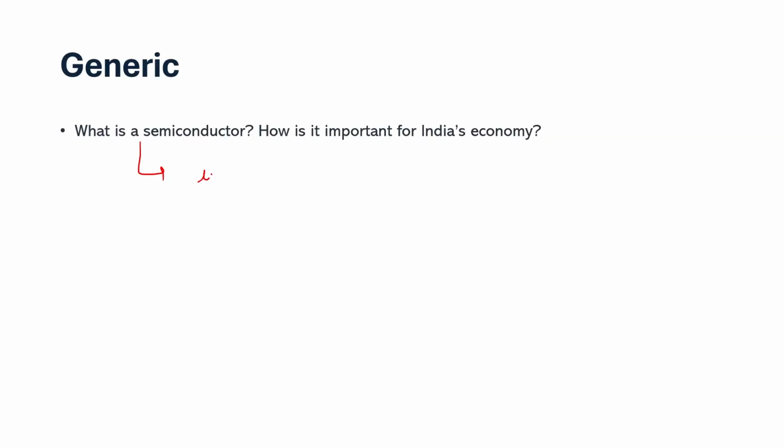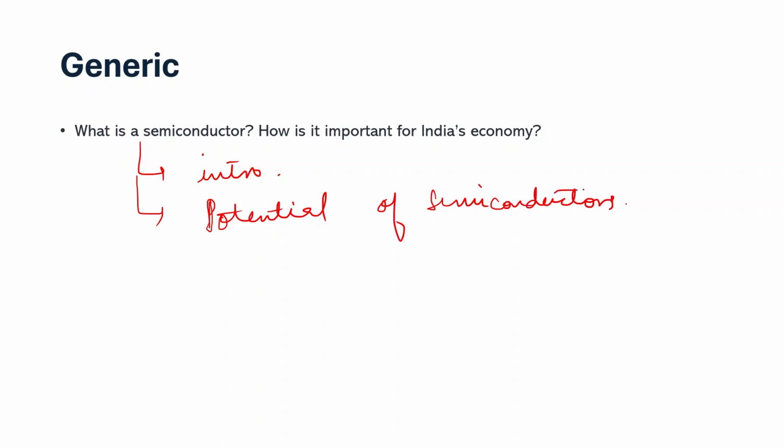What you can do is, in the introduction, you definitely have to define what is semiconductor, right? Then you can write about the potential of semiconductor, which will basically be the applications of semiconductors, right, in different sectors like electronics, in defense electronics, in your advanced technologies, right, in communication electronics.